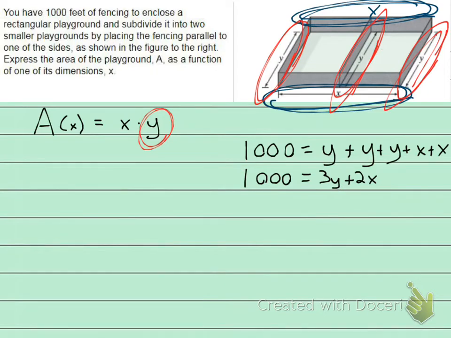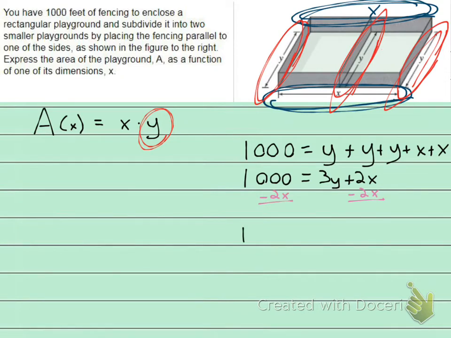To get our grumpy y all by herself, right here, we're first going to get rid of the 2x. So let's say minus 2x from the right side of the equal sign, minus 2x from the left side of the equal sign.